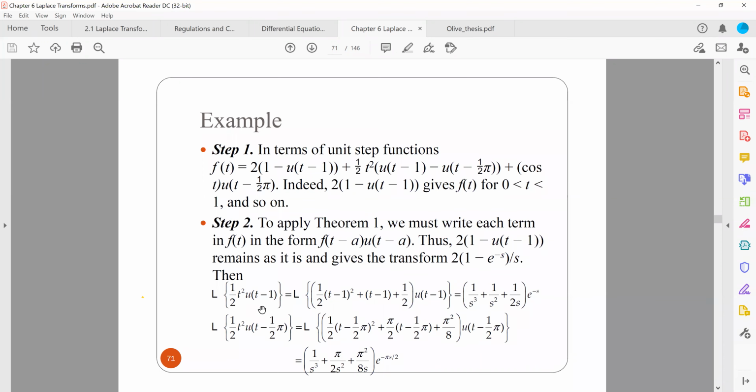How we did that for this one is with a bit of completing squares. We have t squared, but we have to make it t minus 1 squared so that it has this t minus 1. So we create t minus 1 squared. However, we need to cancel those extra terms.